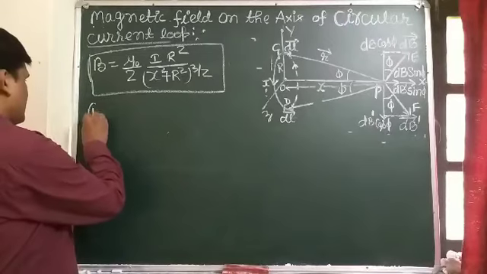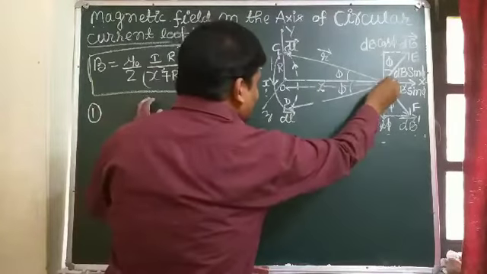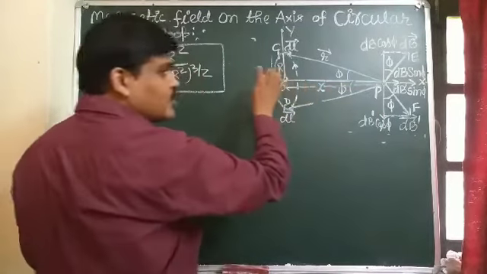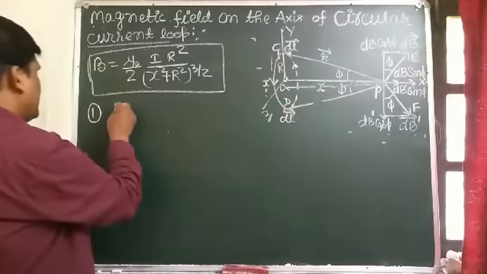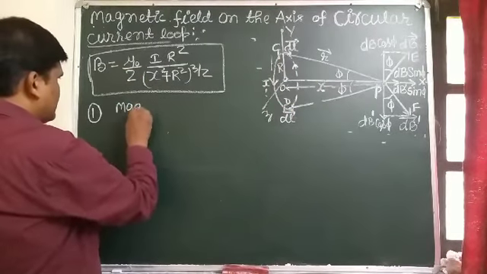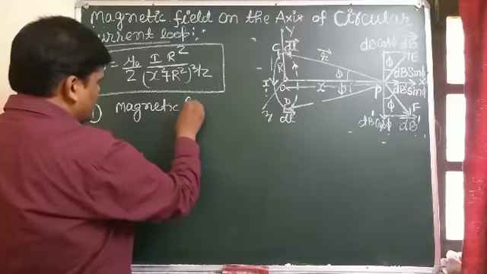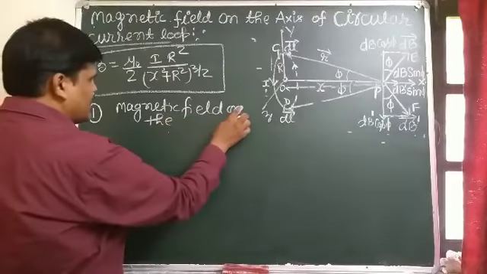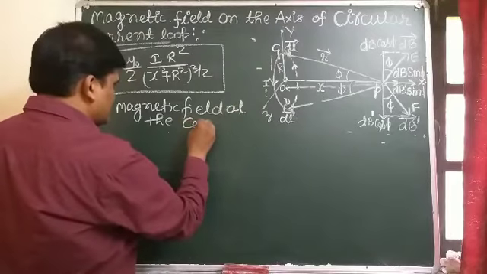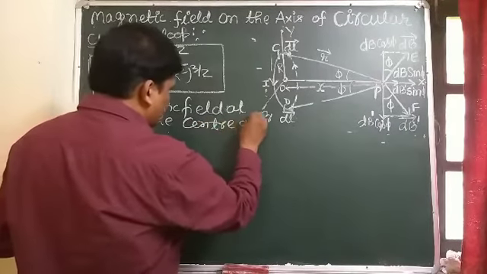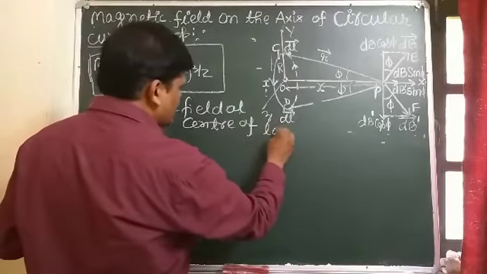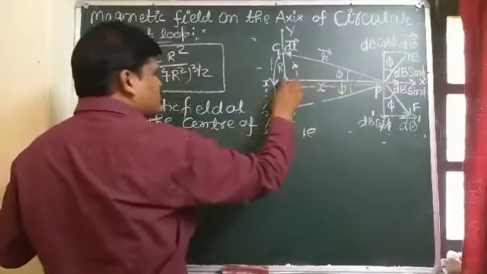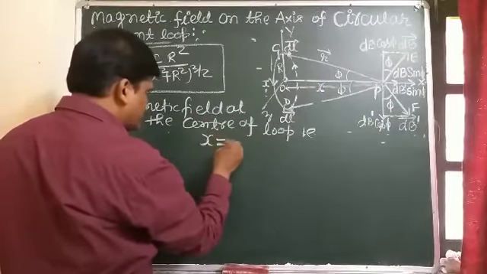First, the value of the magnetic field at the center of the loop, when x reaches 0. Center of loop means P comes to here, so x tends to 0.